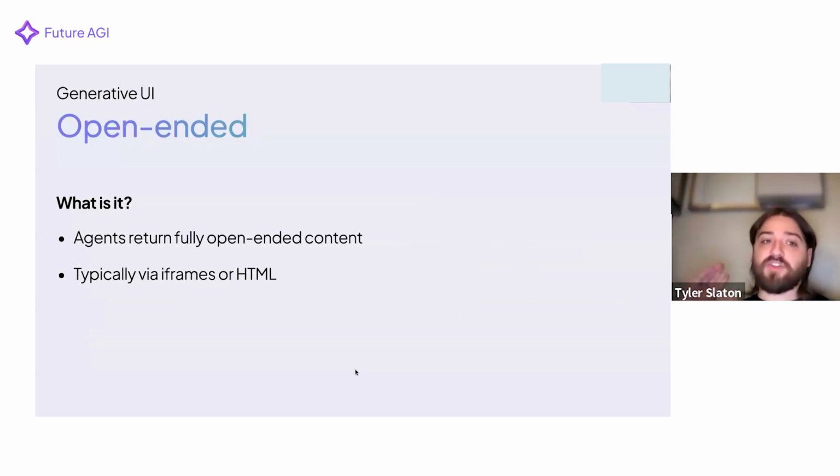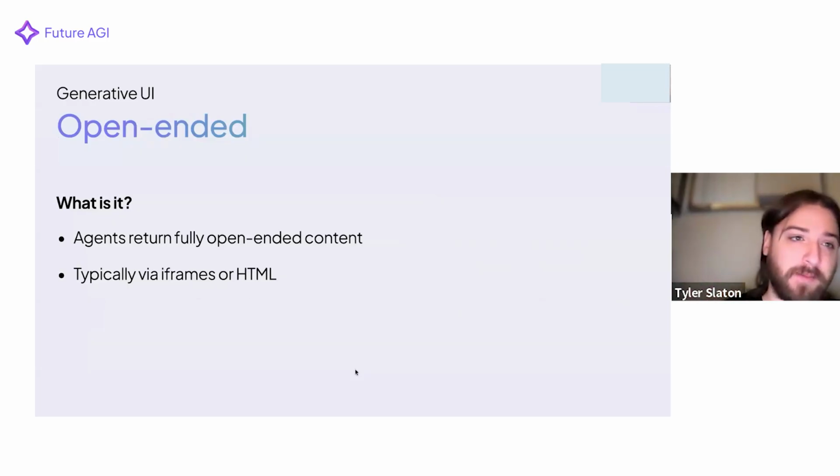So let's talk about some other alternatives that are emerging in the ecosystem. One of the brand new and really emergent ones that we have yet to see in the wild, but is really starting to be experimented with, is open-ended generative UI. This is where the agent returns a fully open-ended piece of content that can be rendered inside of UI.